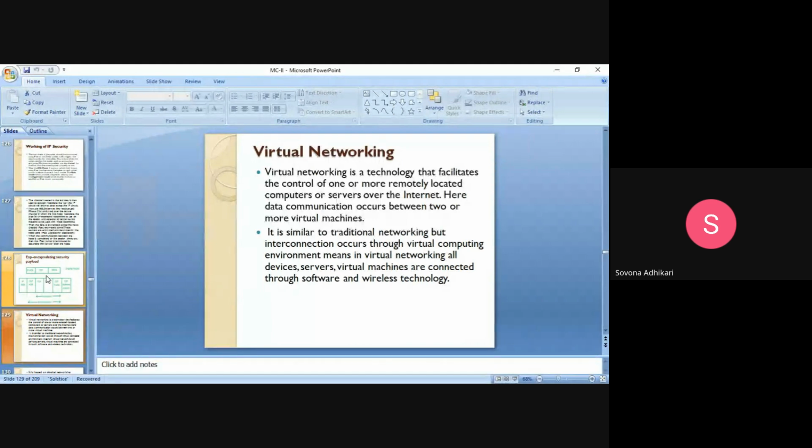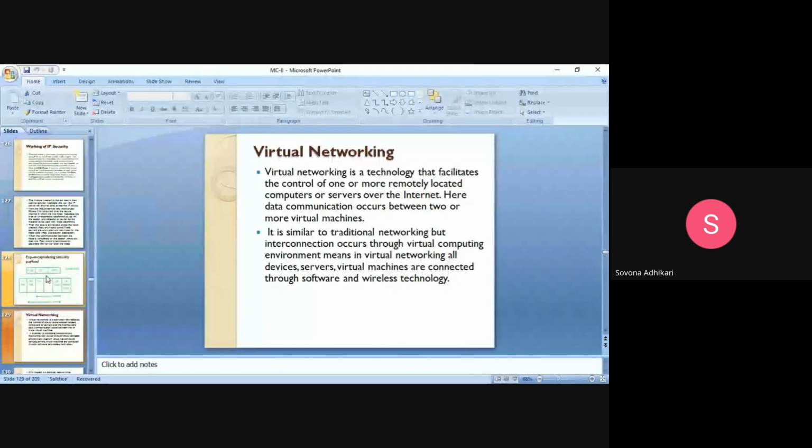Similarly, here is virtual networking. Virtual means not real. You see, virtual networking is a technology that facilitates the control of one or more remotely located computers or servers over the internet. Here, data communication occurs between two or more virtual machines.